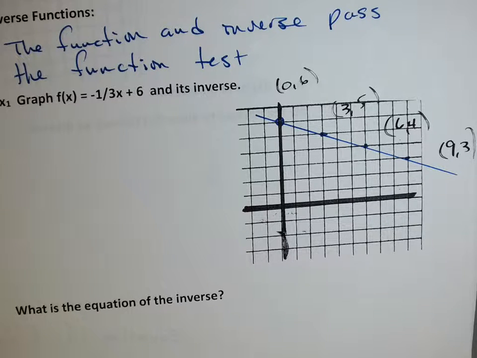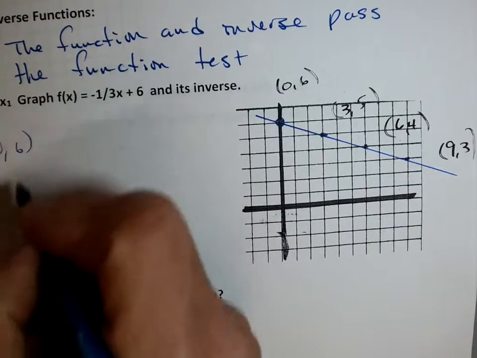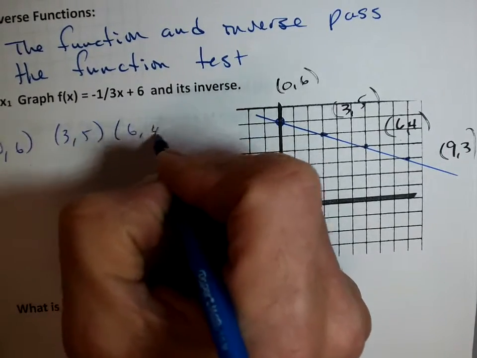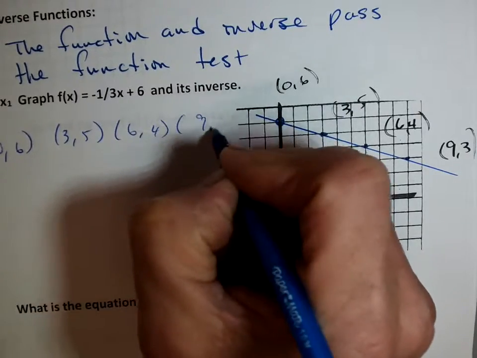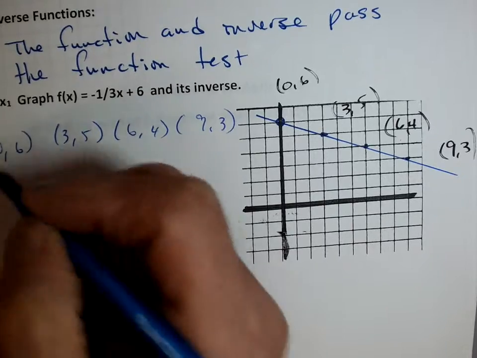Now if I want to do its inverse, I'm just going to switch the points around. I can use purple. I just want a different color. So instead of (0, 6), (3, 5), (6, 4), (9, 3), to get its inverse, we're going to switch them around.